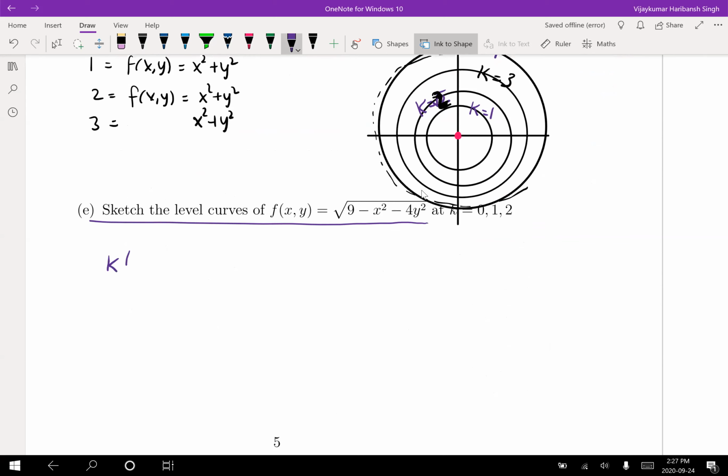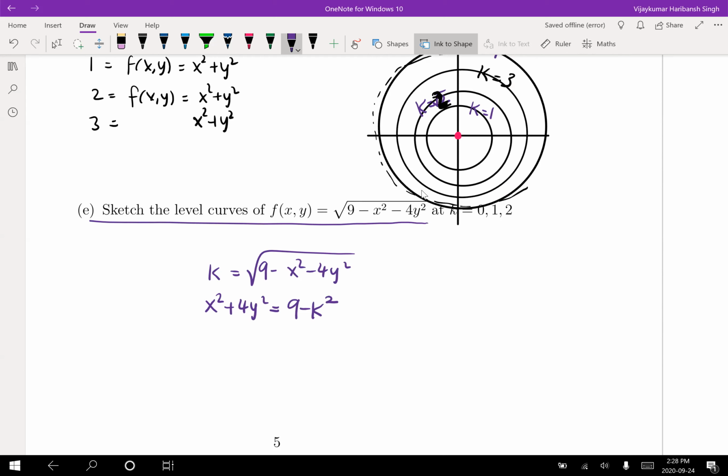If k is the level curve, we get f of x, y, we need k equals the square root of 9 minus x squared minus 4y squared. Now if you square both sides, we get x squared plus 4y squared equals 9 minus k squared.